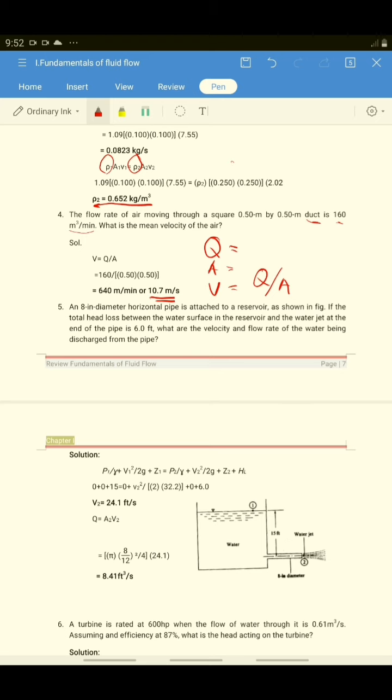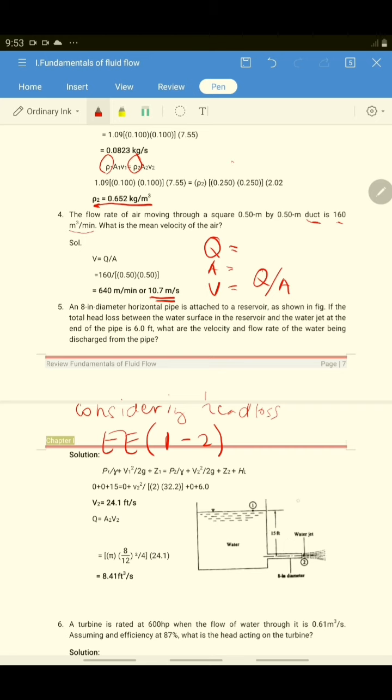Here we need to do the energy equation from section 1 to section 2, considering head loss.